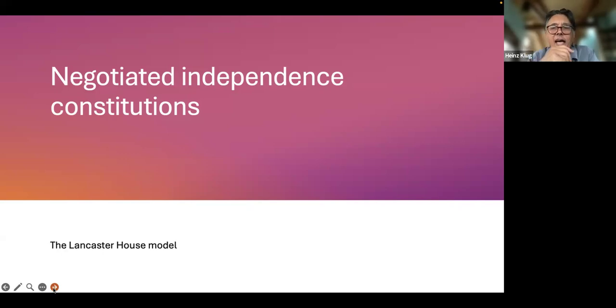That's because this Lancaster House model is a model of negotiation, but also imposition, where the drafts of these constitutions are produced by the colonial office. They're presented to nationalist leaders who can negotiate for some elements of them before they are then adopted by the British government and then sent on to the colonies at independence.